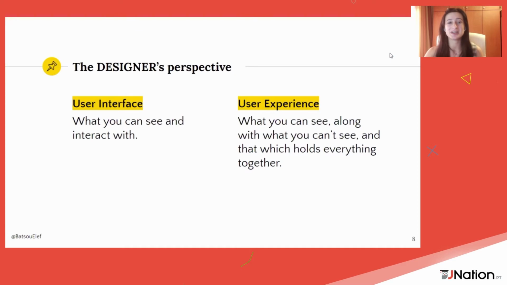This is how we designers see things. So the user interface is what you can see and interact with, but the user experience is what you can see along with what you can't see and what holds everything together. This is from the designer's perspective.